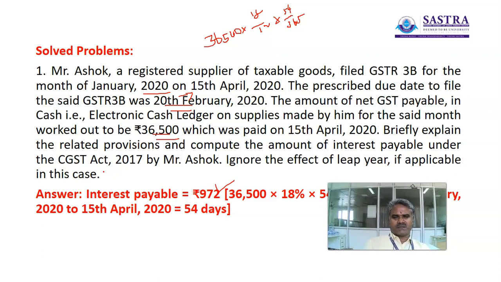And what are the provisions here you have to understand? The interest will be charged from the due date to the actual date of payment. The period in between the due date and the actual payment, up to the payment we have to charge the interest. Okay.